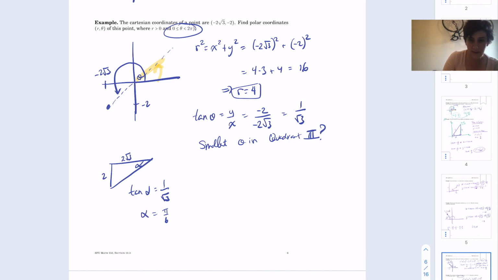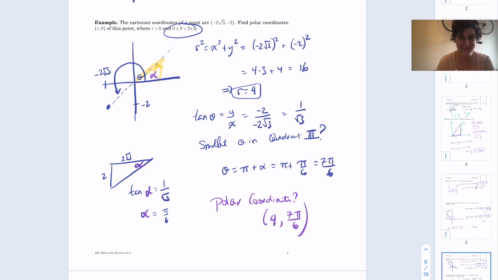Okay, so theta is equal to pi plus alpha. So to be clear, this is alpha, okay? That's what I've found there. And my polar coordinates, what do I have? 4 and 7 pi over 6. All right, let's leave this video here and I'll start a new one.